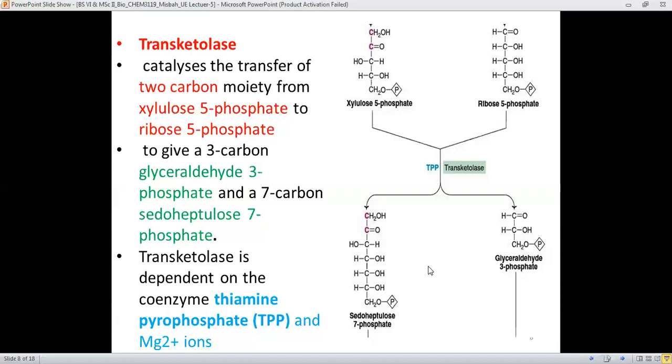It is in fact a cofactor responsible for the functioning of the enzyme transketolase to shift carbon units from one sugar to another sugar, resulting in the formation of 7 carbon monosaccharides and 3 carbon monosaccharides respectively.